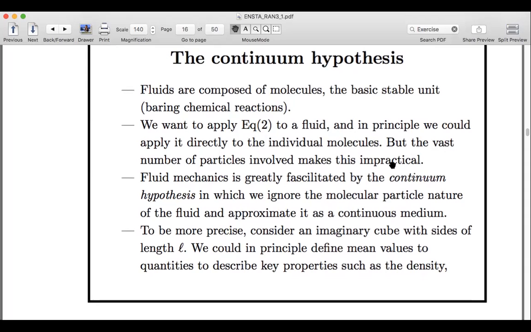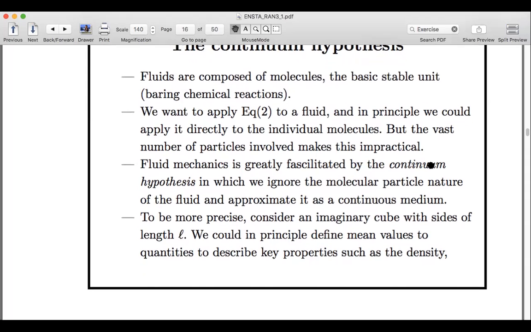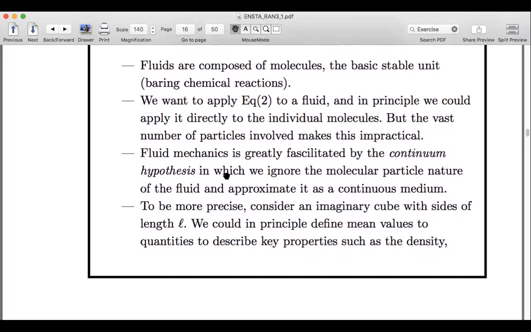However, this is not practical in most situations, simply because there are of the order of 10^23 molecules in a given macroscopic fluid flow. And so the problem becomes much more manageable if we make the continuum hypothesis.